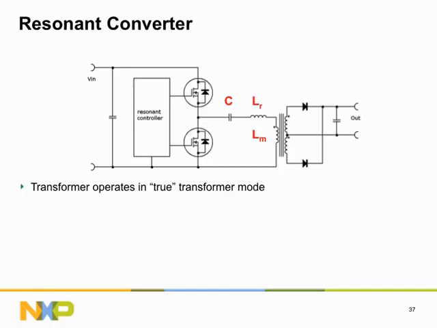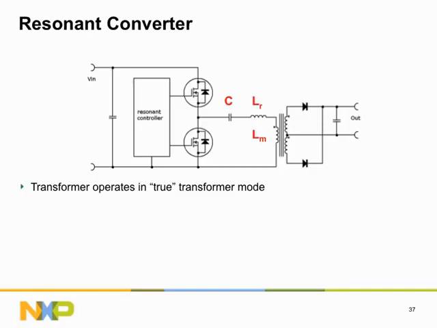The resonant converter topology is more complex than the buck, boost, and flyback converter topologies. In the power conversion network diagram, we see 4 switches, 2 MOSFETs and 2 diodes in this case, 2 inductive components, a transformer and series resonant inductor, and 2 capacitive components, the resonant capacitor C and the output capacitor.